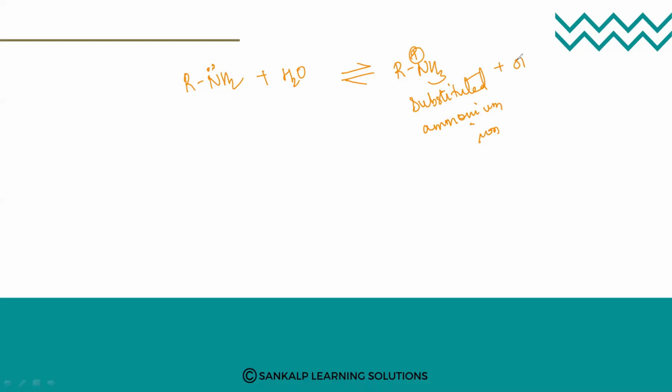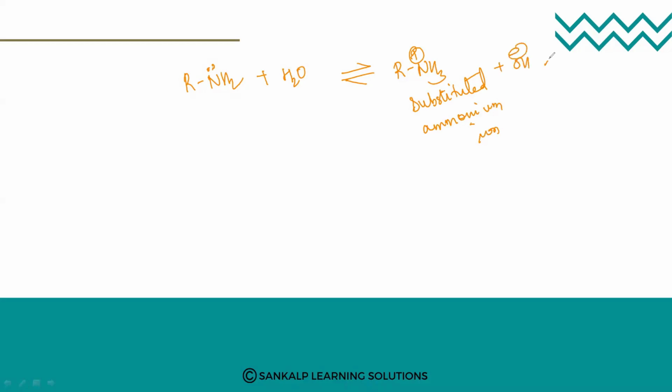The basicity of amines depends upon the ease of formation of cation from the acid. We have seen this just now. If we have an amine, we have a lone pair of electrons on nitrogen. Suppose we react it with water. What are we going to get? We are going to get a salt, RNH3 plus, a substituted ammonium ion, plus OH minus.